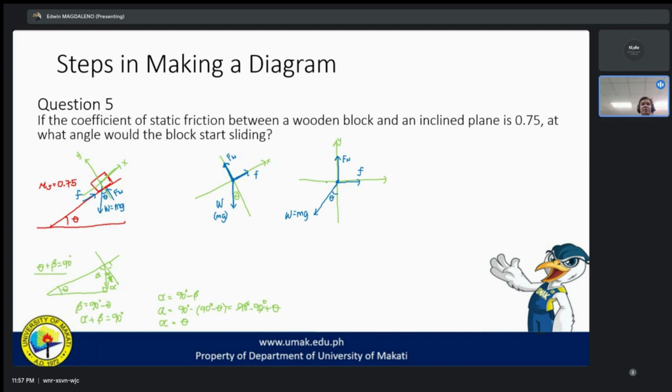The last thing we need to do is to put everything along the x and y axis, so that we could get the summation of forces along the x and y.